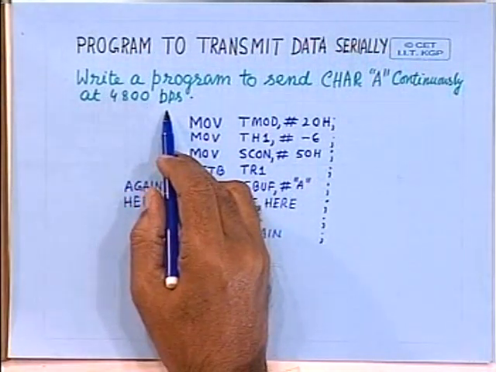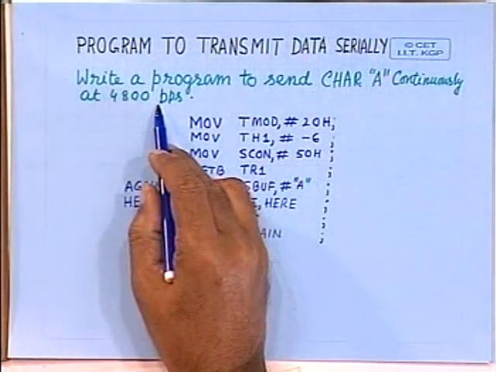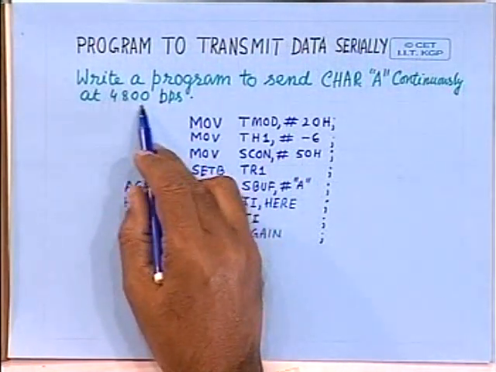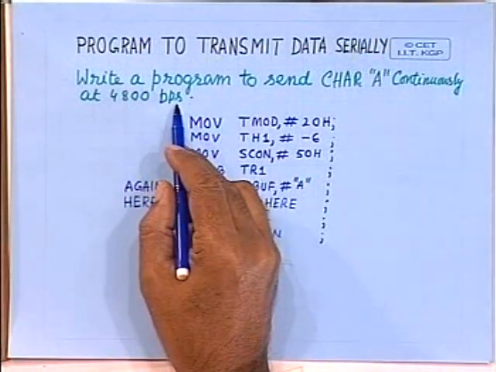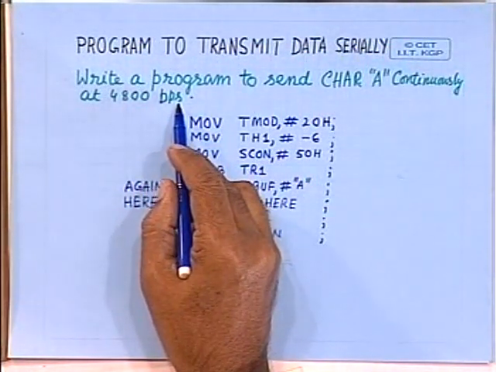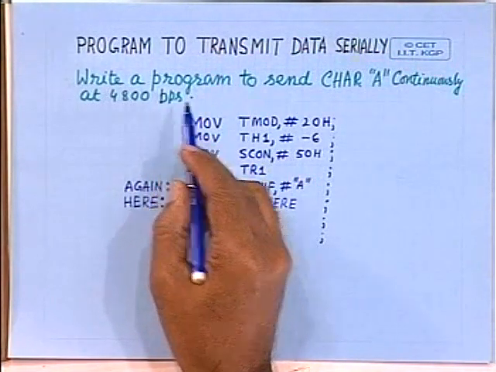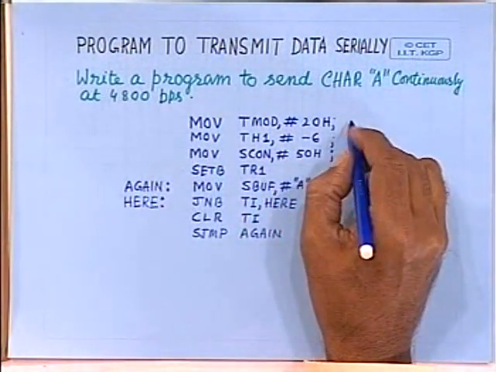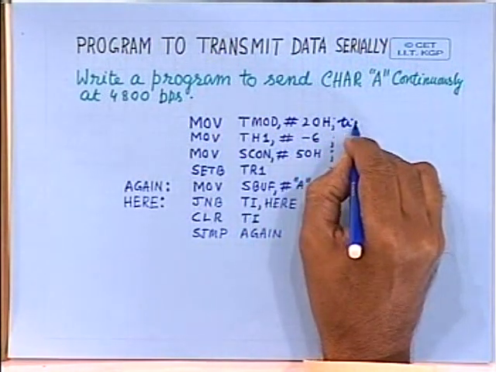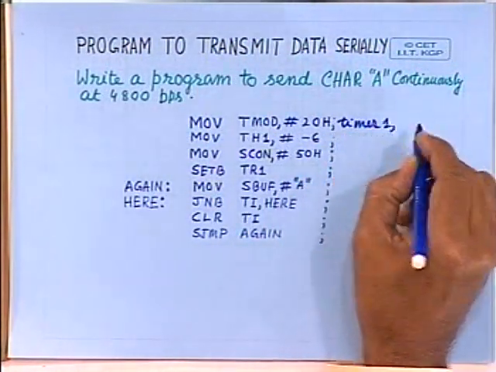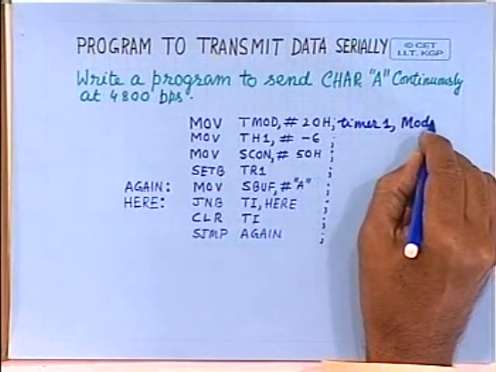The baud rate is generated by using the T1 timer in mode 2, the auto-load version.